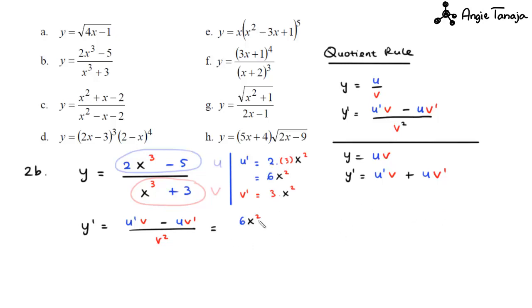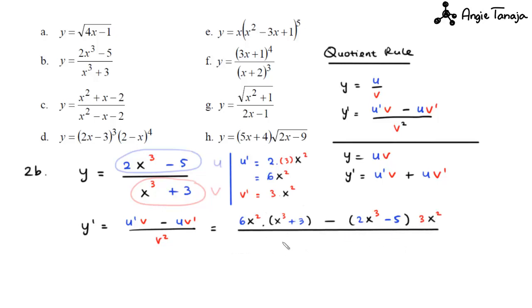So, u prime times v, your v is simply x cubed plus 3, minus u times v prime. Your v prime is only 3x squared.